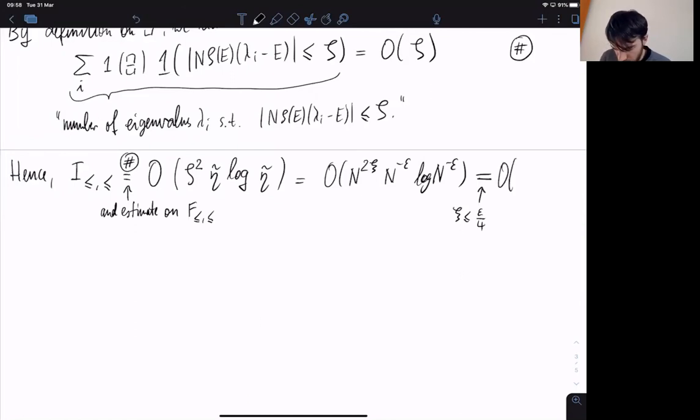So I get that this is of order n to the 2 xi minus 4 xi, and then there's a log n, and this is clearly of order n to the minus xi. Okay, so that was the first of these things.